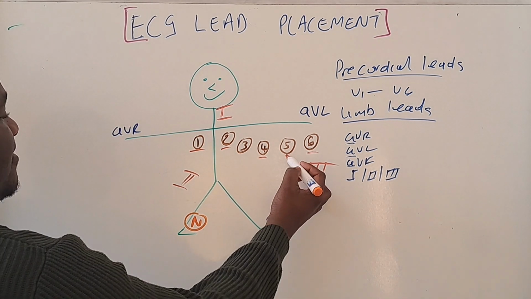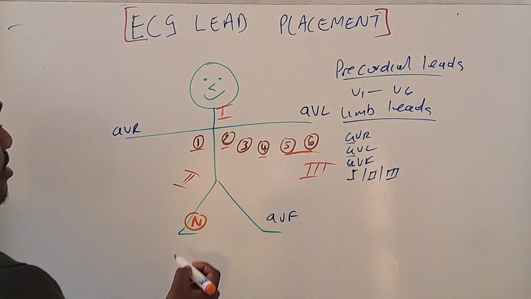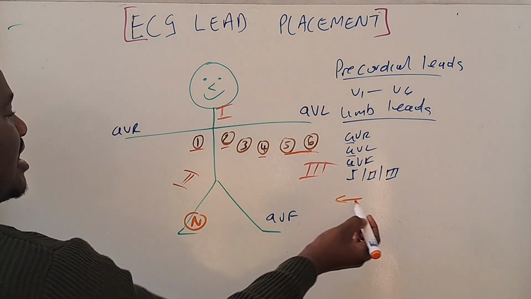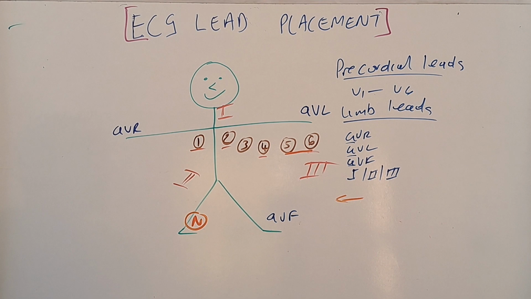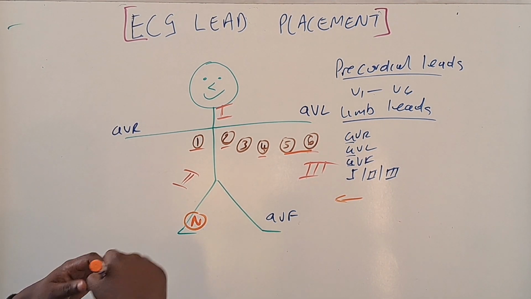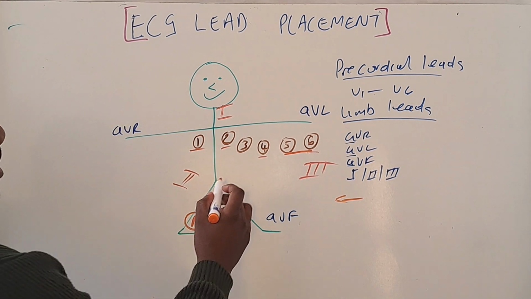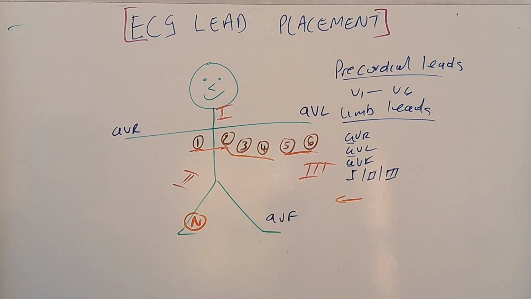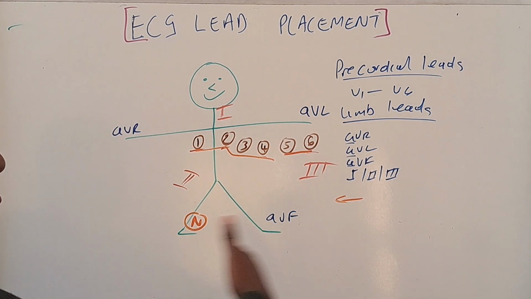So V5 and V6, they look at the heart from this direction, from the left lateral, but on a horizontal plane. And then these ones, they look at the heart anteriorly, but on a horizontal plane.